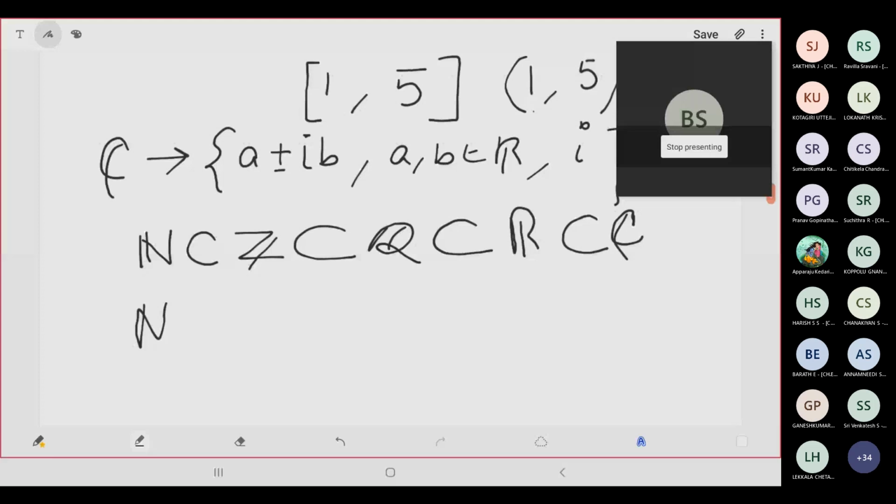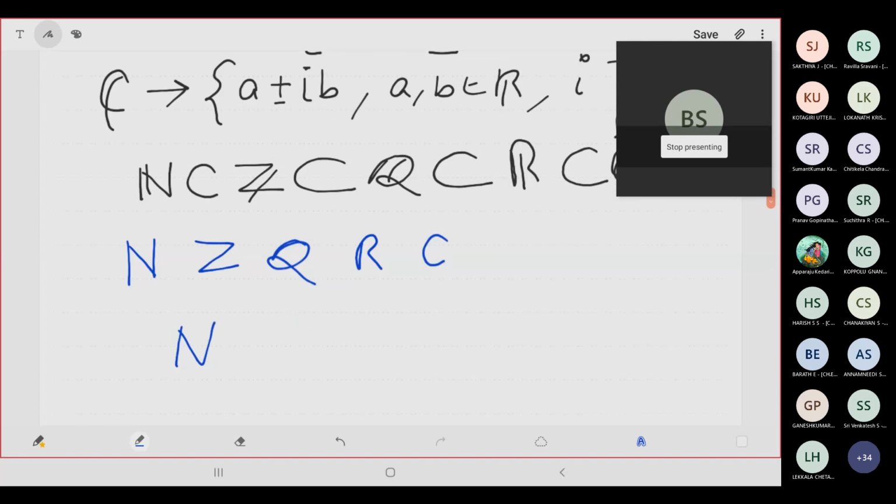N represents the set of natural numbers, Z represents the set of integers, Q represents the rationals, R represents the reals, and C represents the complex numbers. But here you may have a confusion, because you may write another set with the help of the N symbol.